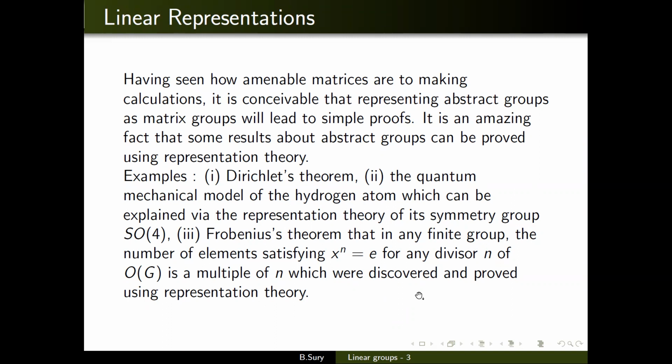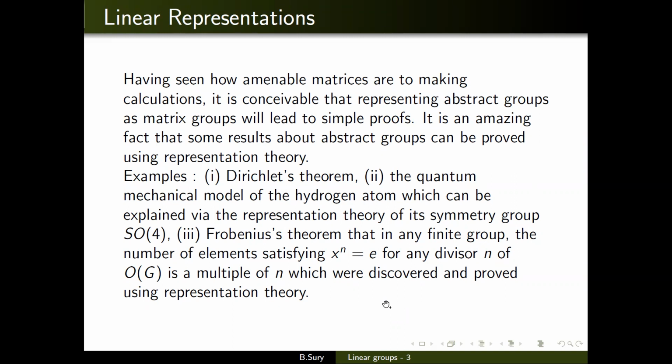Or more specifically, if d divides the order of the group, the number of elements satisfying x to the power d equal to identity is a multiple of d. Such an amazing looking, simple statement. Of course, there are now proofs not using representation theory also, but most naturally the proof comes from representation theory. Many other statements are there which I don't recall here.